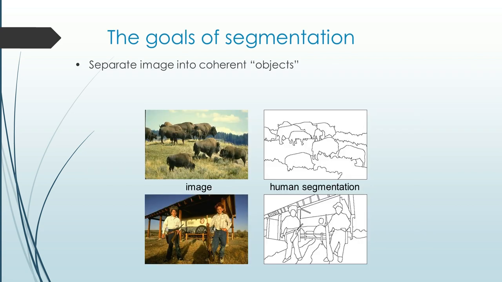Now, another goal for segmentation is how to separate an image into coherent objects, some objects or some segments that have actual meaning. For example, if we have this image, we want to separate the objects not only based on the color or this type of texture, but also into something that has particular meaning.